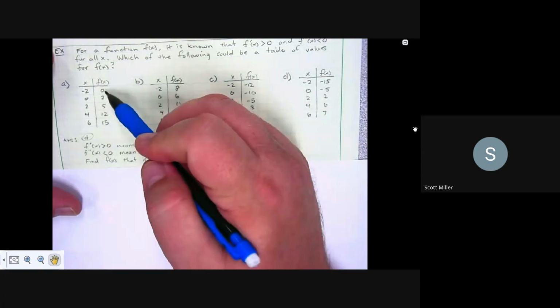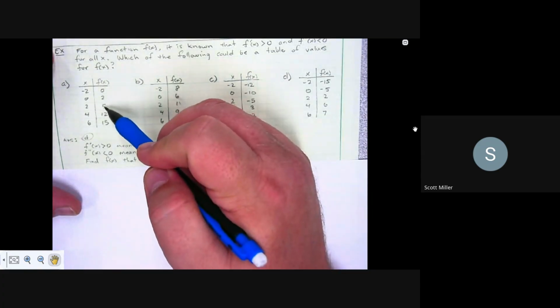Then this one right here is, no, it's plus. Plus 2, plus 5, then we have plus 8. So these are increasing. Plus 10. This one right here is minus 2. Well, this is already out. This right here is plus 2, then plus 3, then plus 6. So these are increasing also. So this is the only one that is the slopes of these points are decreasing.